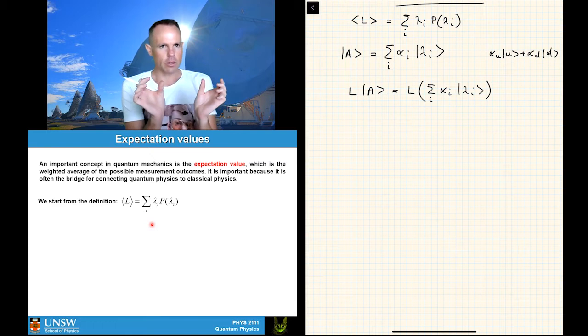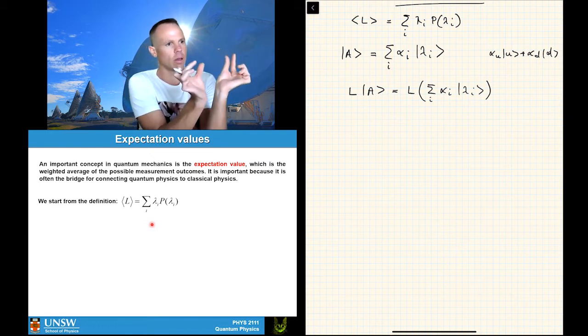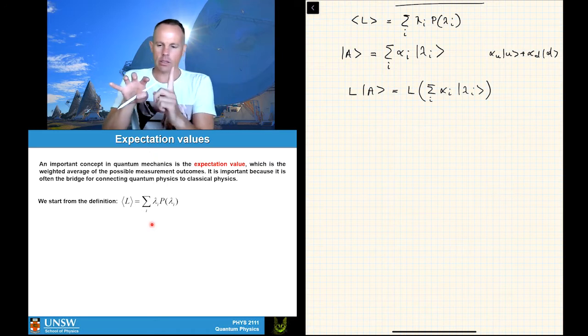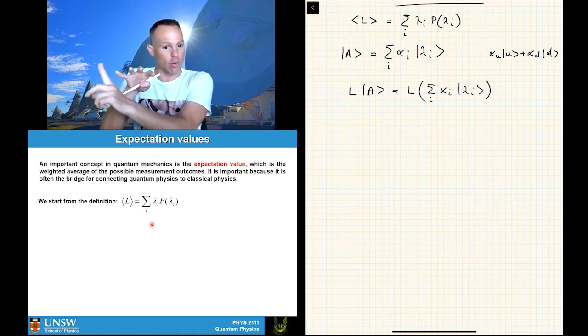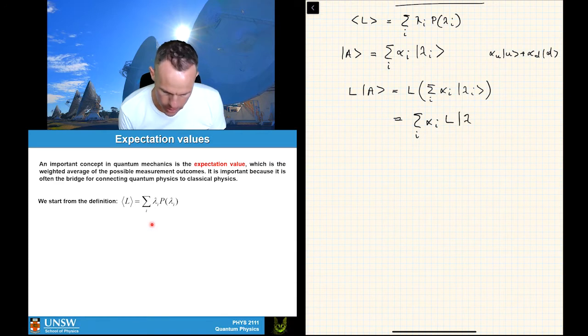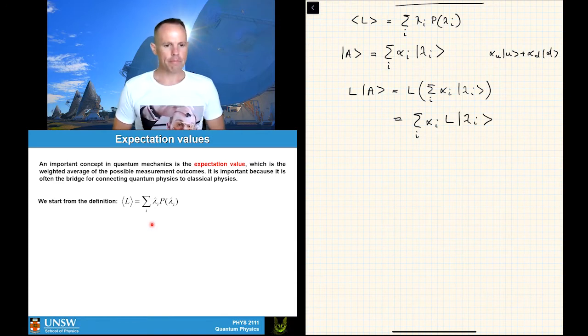Because you remember we have this idea that if an operator acts on a sum of kets, then it's really just the sum of the operator on each of the individual kets. So what we can do here is write this as the sum of alpha i, L, lambda i, like so. Okay?